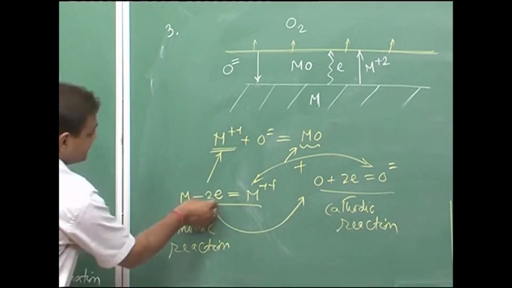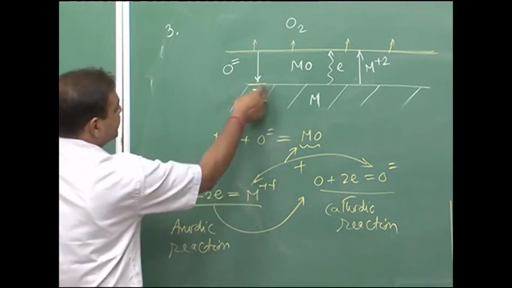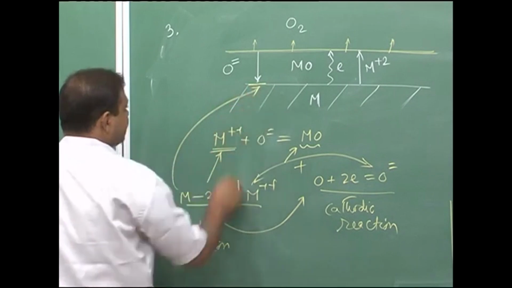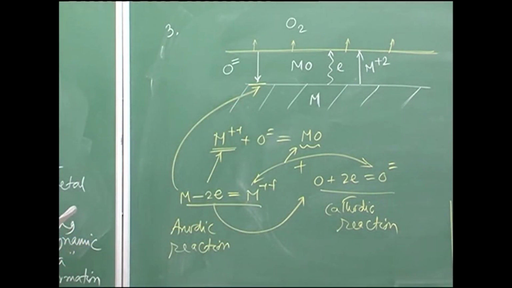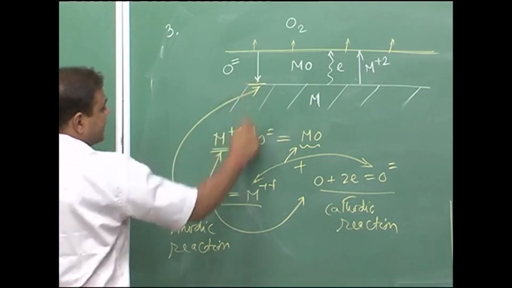Now, this process can happen on this surface, because here we have the metal surface. So, this reaction is happening at this surface, and the anodic reaction is happening at this surface. So, this is my anode.